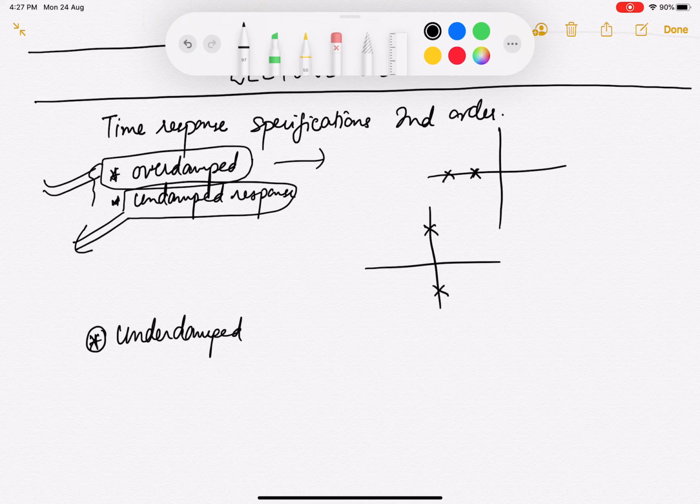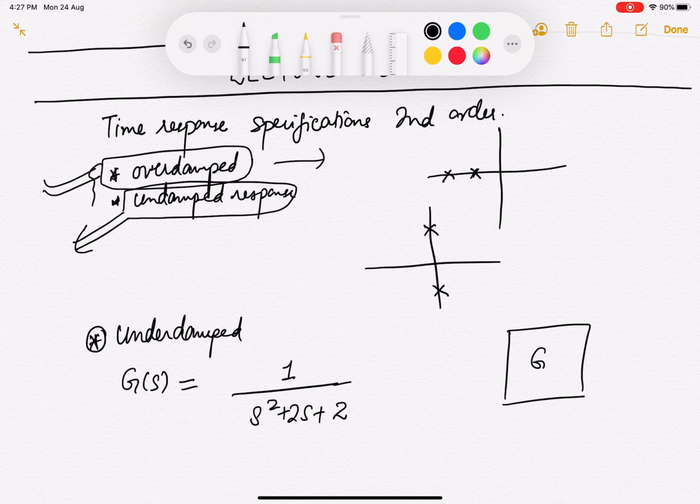So for the underdamped response, let us take an example. Let us suppose that our transfer function G(s) is given by 1 upon s square plus 2s plus 2, and let us suppose to this plant we are applying a step input as we have been doing before, and we want to see the output as a function of time, right?